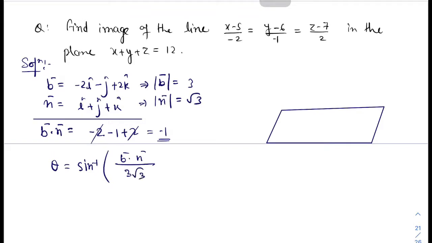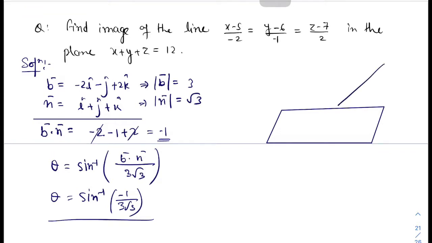So this is 3 root 3, and the angle is sine inverse of -1 upon 3 root 3. So we can easily conclude that the line is going to intersect the plane because the angle between the line and plane is not 0. So the line is something like this.